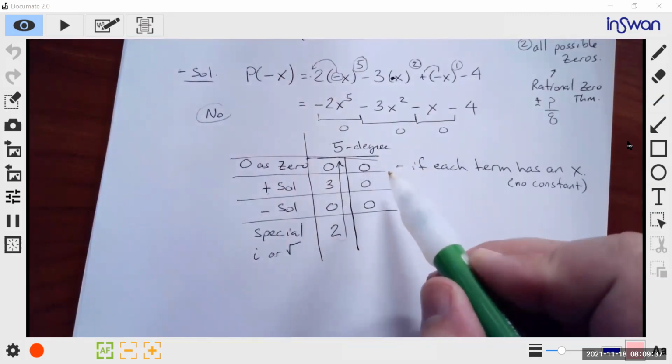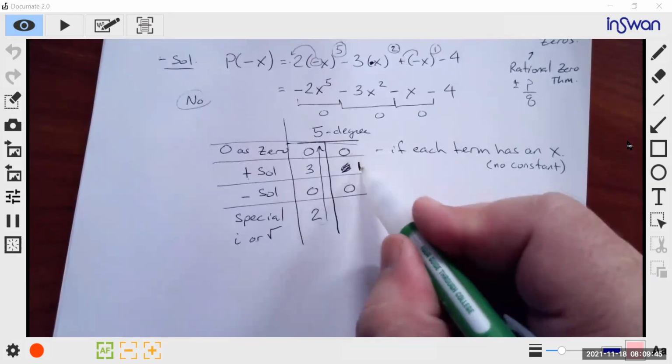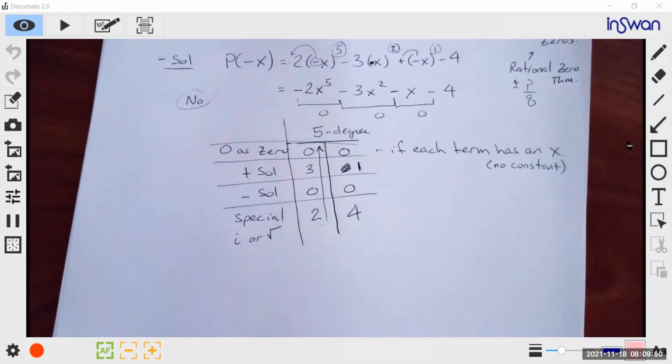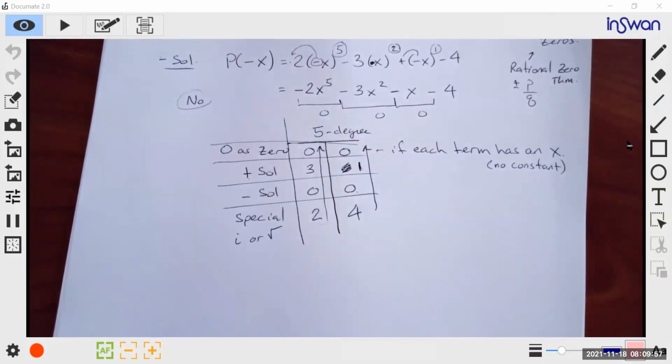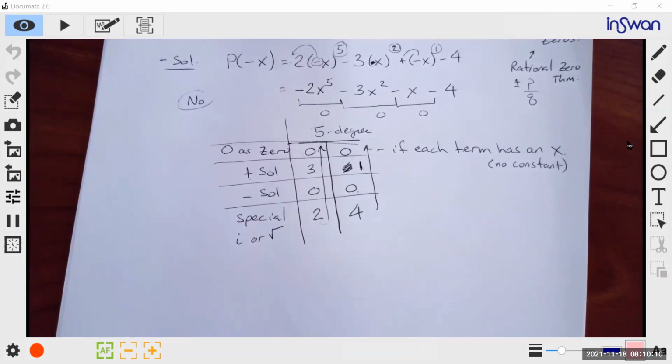So how about the other one? I'm sorry, it was 3 or 1. 0 plus 1 plus 0, we're missing how many? 4. So this chart here tells me the possible number of positives, negatives, and specials, all by the sign changes.